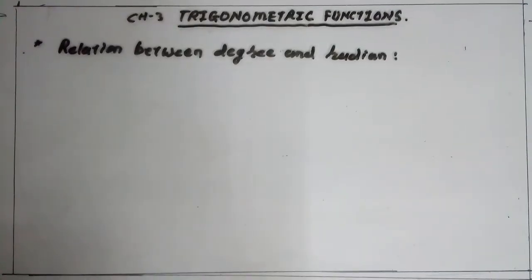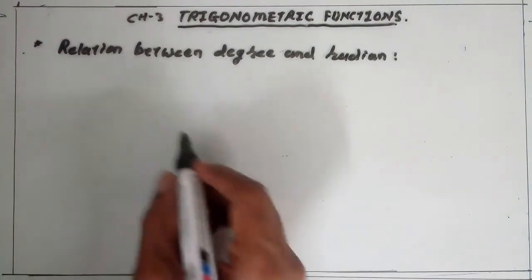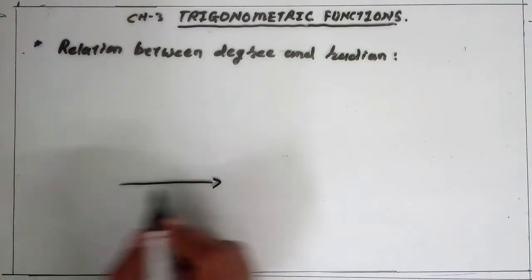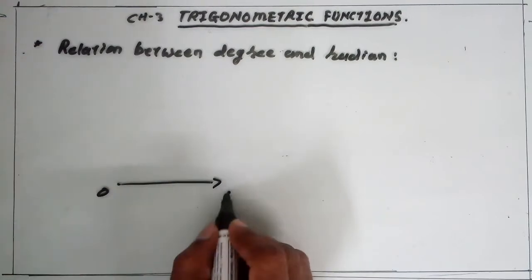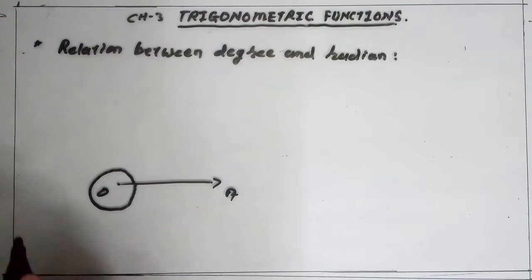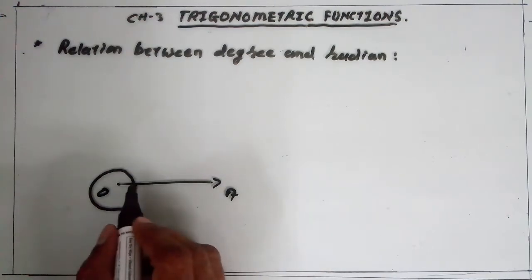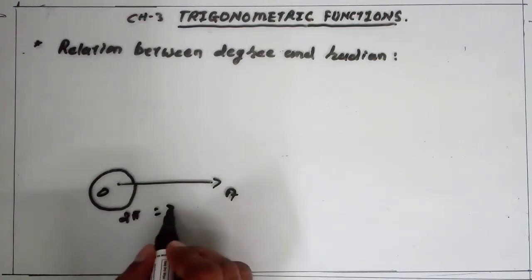Now here we discuss the relation between degree and radian measure. We know that if a ray rotates one complete revolution, then this ray covers 2 pi, which is equal to 360 degrees.